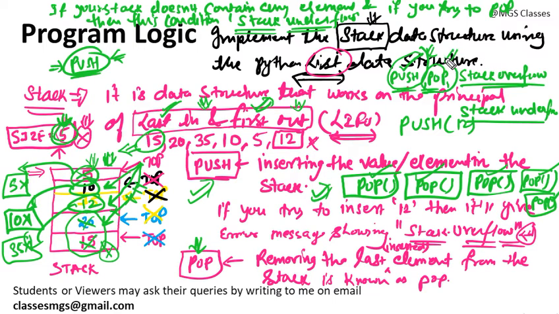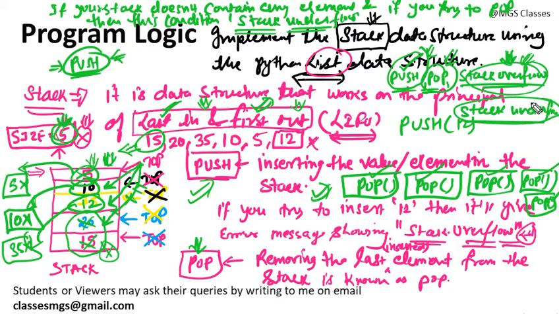Pop is the operation that removes the element from the top of the stack. Stack overflow means if your stack is full up to its capacity, and you are trying to insert one more element into this stack, then this is known as stack overflow. Your stack is already full. If you try to insert any element in the stack, that condition is known as stack overflow.